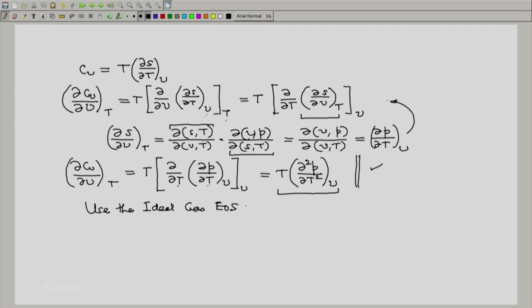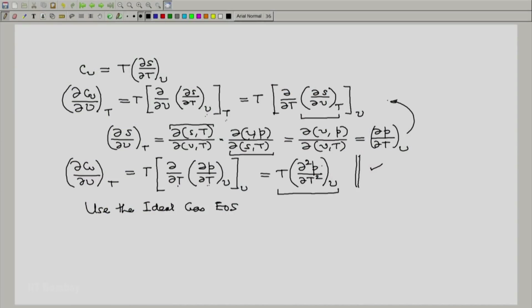If you substitute PV equals RT or P equals RT by V, you will notice that the second derivative of P with respect to T at constant V is 0, and you will get partial of Cv with respect to V at constant T to be 0. This is the ideal gas case, and that means there is no variation of Cv with V when temperature is maintained constant, that means Cv is a function only of T and not of V.